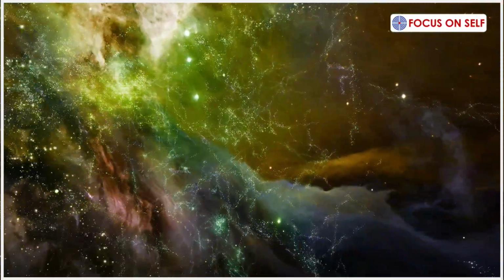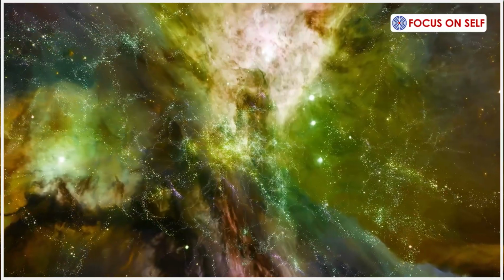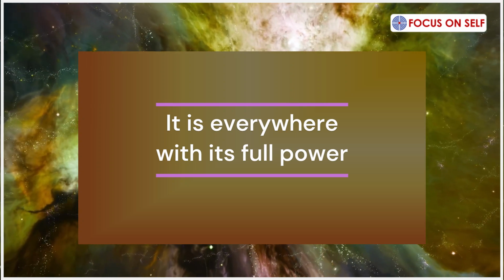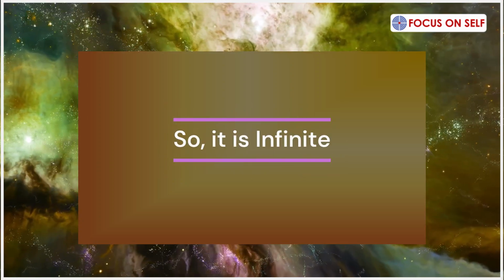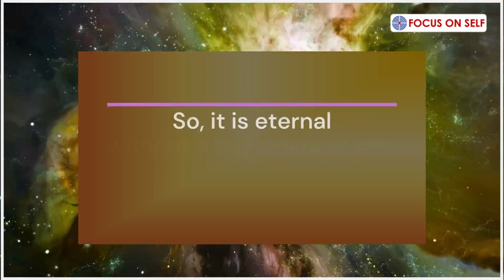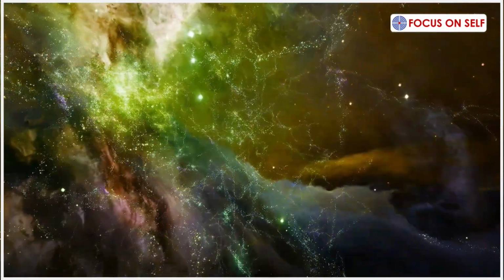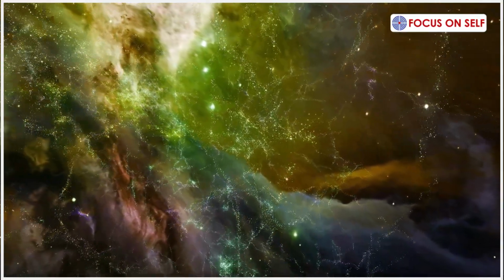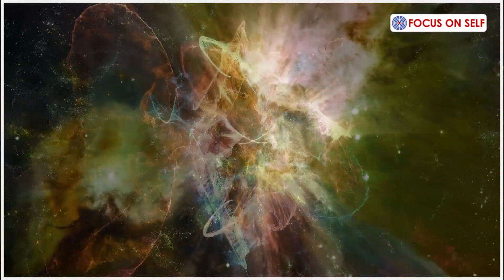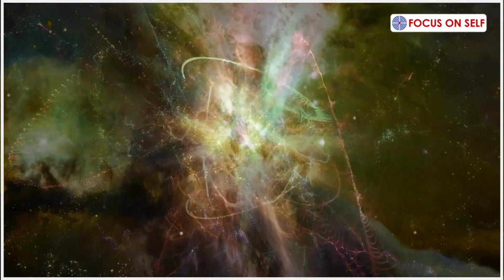So, get these 4 points about the nature of the supreme intelligence firmly established in your mind. First point, it is everywhere with its full power, so it is infinite. Second point, it exists all the time, so it is eternal without a beginning or an end. I am repeating it to emphasize this truth. Supreme intelligence is omnipresent, which means it is present at all points in space in its entirety, which means in full force of its powers.